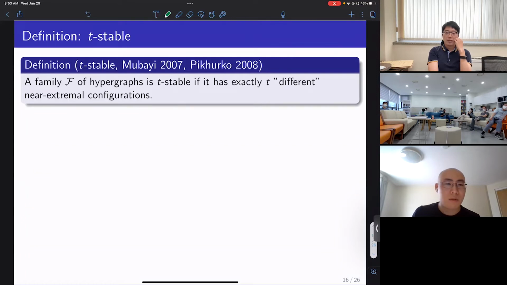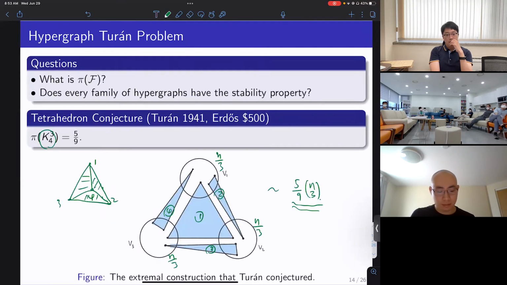Okay, so how do we describe a family without stability? That's what Mubayi and Pikhurko thought about a decade ago. So when you do not have stability, can you do something a bit weaker? So they defined the so-called t-stable. Let's recall what we said for graphs.